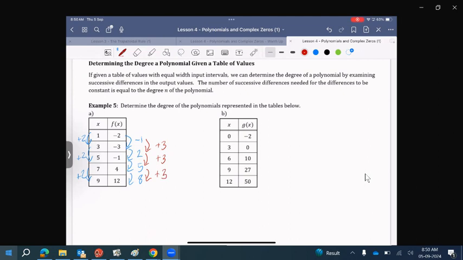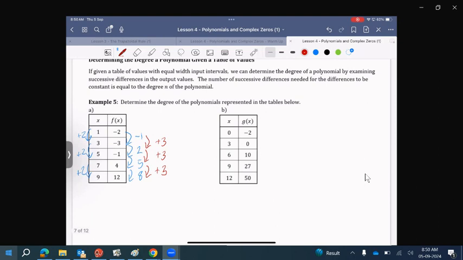If the second change is constant, it implies it is quadratic or second degree. So we call these the differences. The blue ones are the first differences. If the second differences are constant, that means we have a second degree. Let me highlight it here.